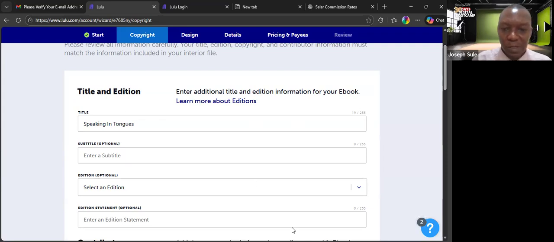So Speaking in Tongues is the name of the book. And does the book have a subtitle? Let me just confirm if it has a subtitle, but I don't think it does. Let me just check quickly. If it has a subtitle, I will see it, and then I will input the subtitle. Okay, it has: A Life-Changing Gift of the Holy Spirit.